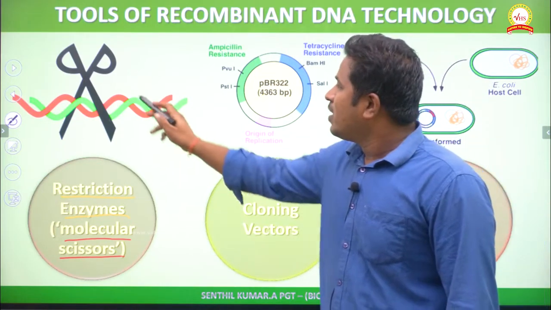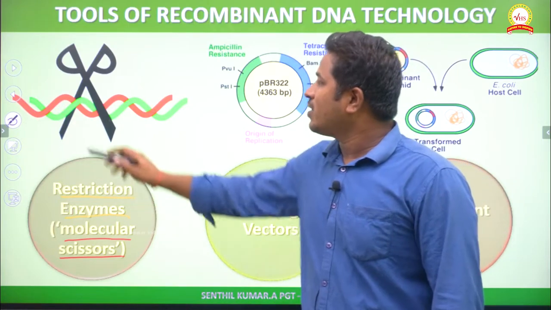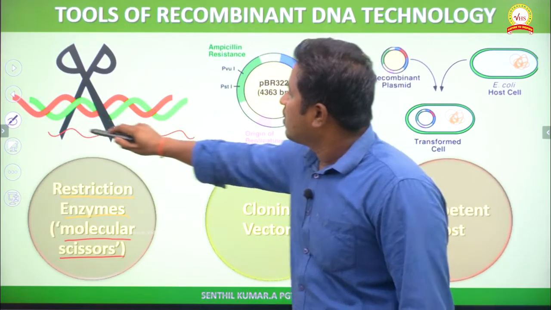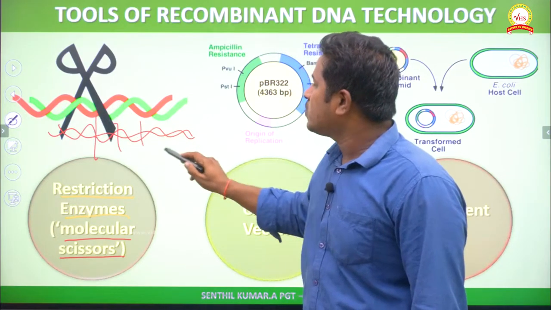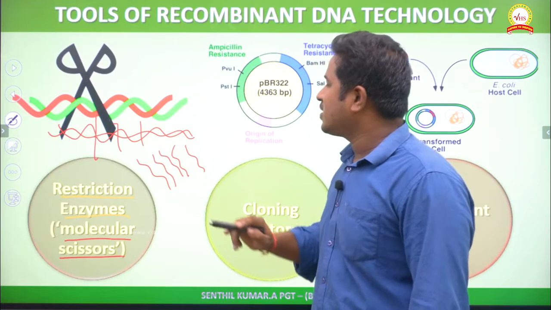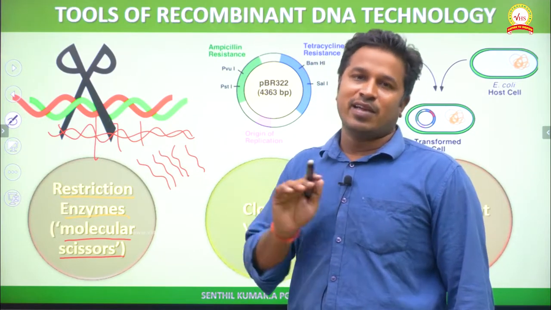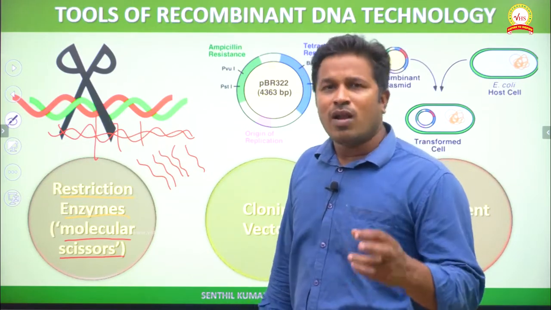It is used to break the DNA fragment, to break the entire sequence. If you take any DNA like this, it will cut the DNA into small fragments. That is the role of the restriction enzyme, as per our desire.